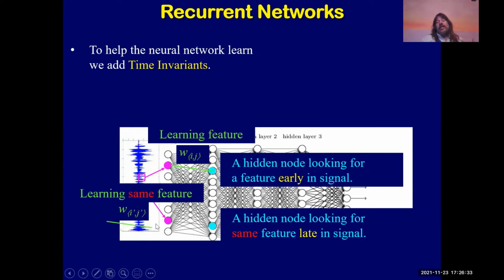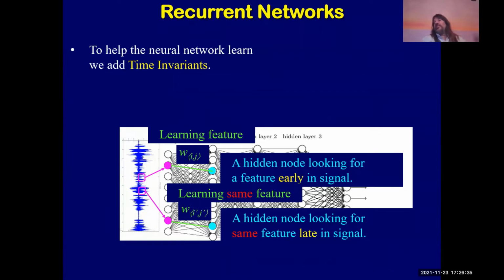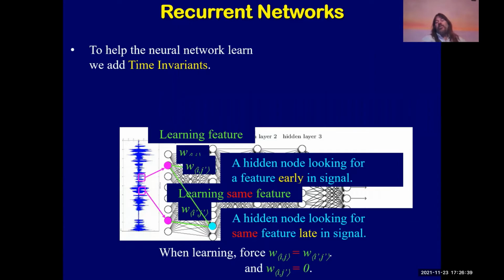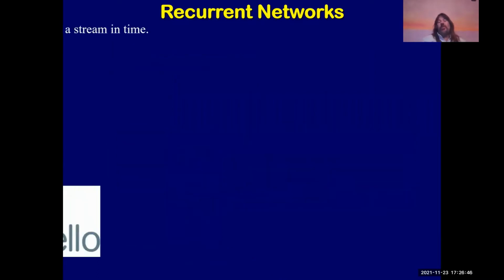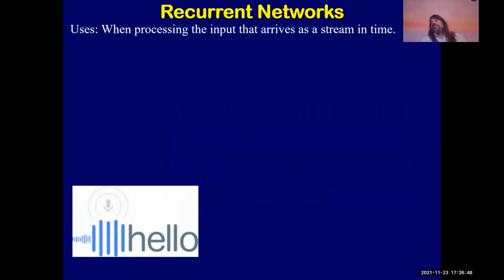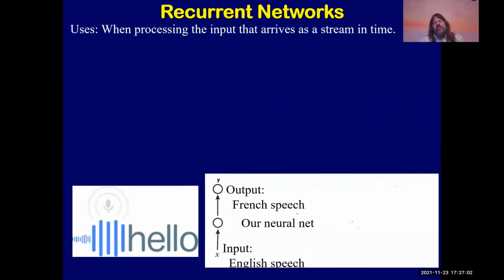And so again, we can learn using the same weights, right? Because it doesn't matter whether the hello was early in time or late in time, you're going to use the same sort of methods for learning it. So what might our architecture look like? Well, you could do some sort of convolution net like we did before, and more or less that's kind of what we're doing here. But we're going to add some extra little features here.